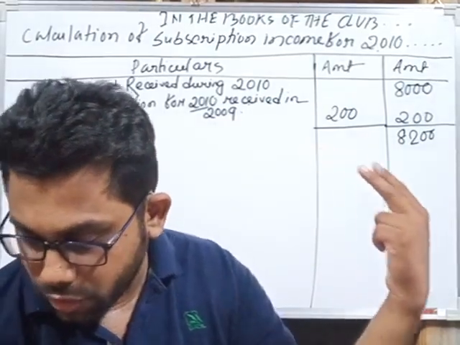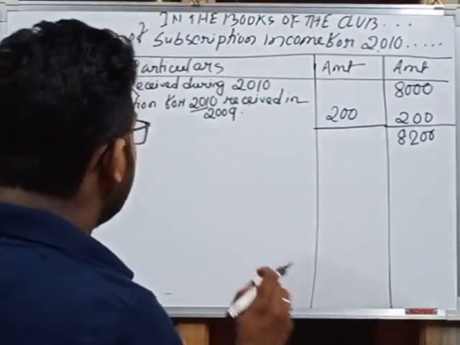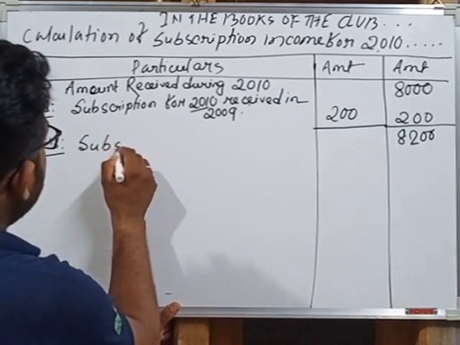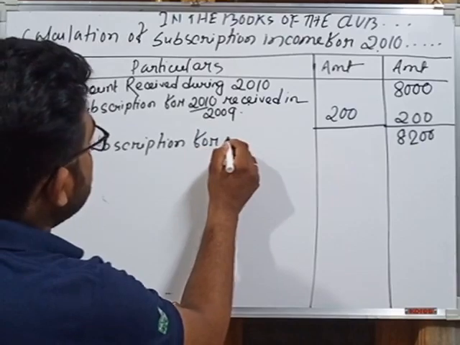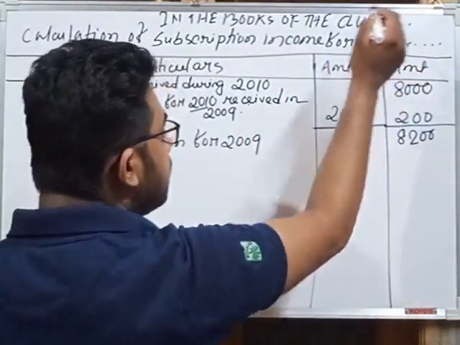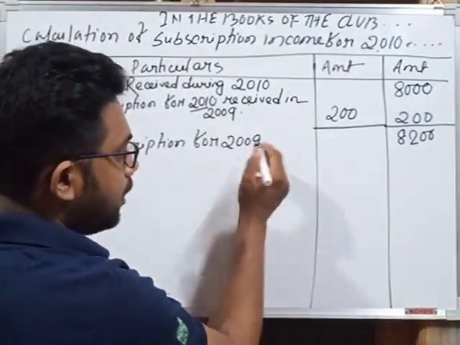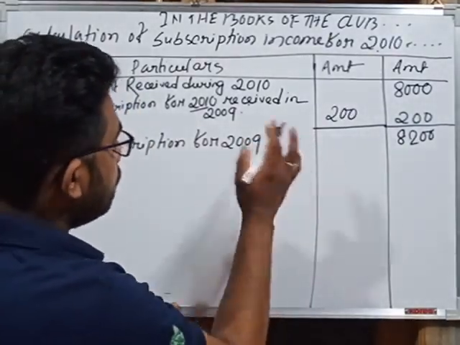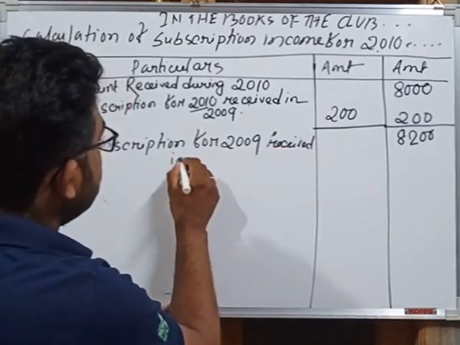Okay, next, subscription relating to the year 2009, that means for the previous year received in 2010. We have to less that item, because as the current accounting year is 2010, subscription for 2009 is the income for the previous year, but the amount is received in 2010.